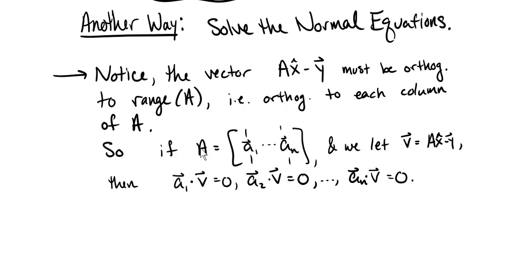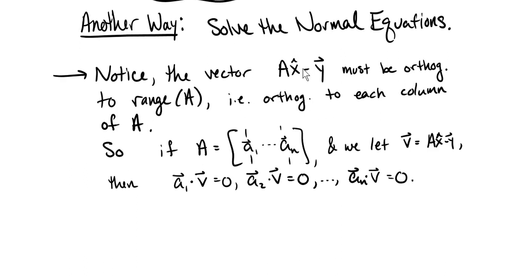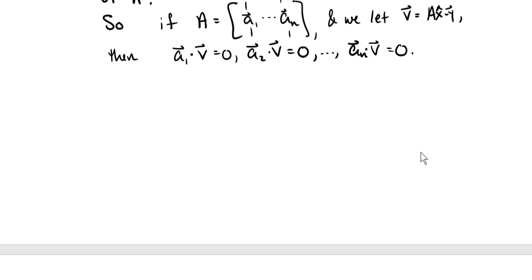So if we think of this A matrix as consisting of columns A1 through An, and we let this vector, Ax hat minus y, be called V for convenience, then the fact that Ax hat minus y must be orthogonal to each column of A tells us that A1 dot V must be 0, A2, the second column dotted with V, must be 0, and so on. All these columns, every one, must be orthogonal to V. Well, what can we say from there?